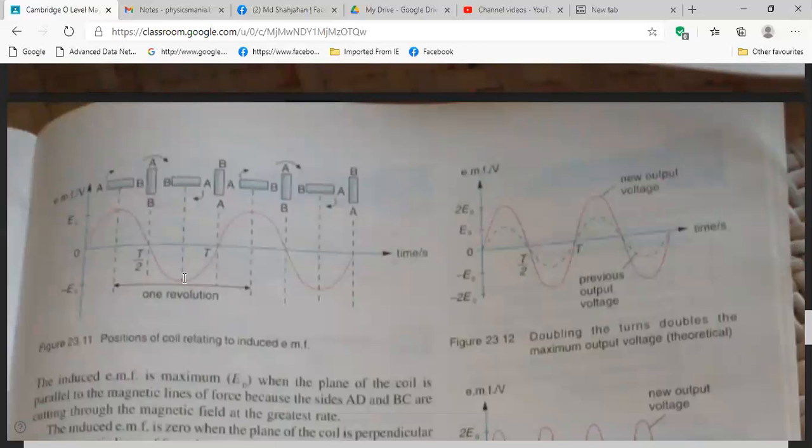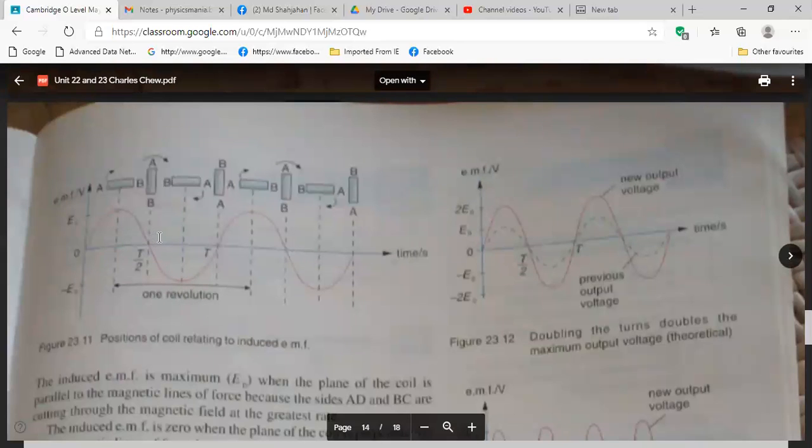Here we again get maximum EMF, but in the opposite direction. So we get positive, negative, negative, positive, that way across the electrical load. It's clear, right?